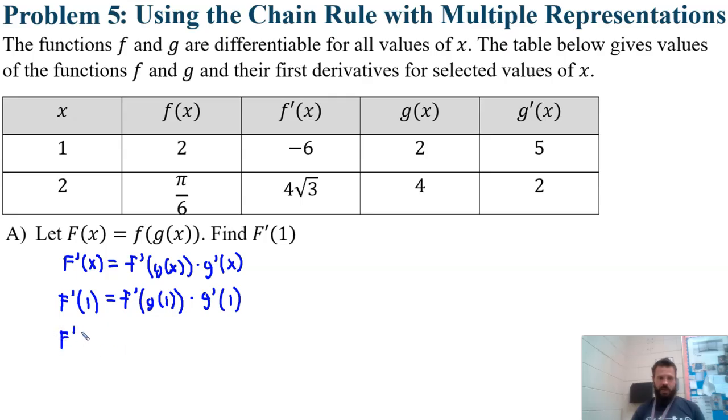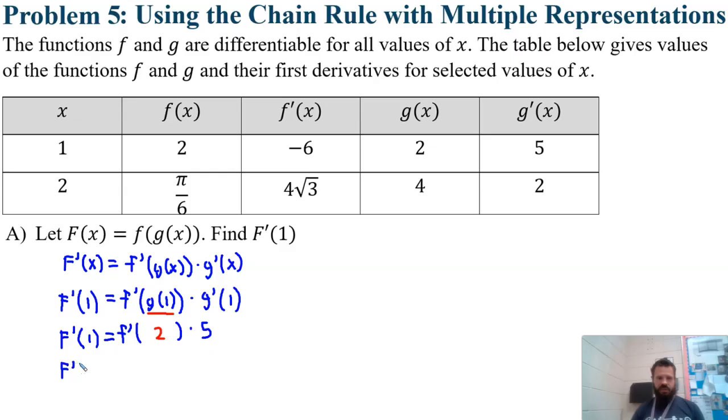Evaluating that is going to take 2 steps. You could do it all in your head in 1 step, but I'll show the work for notes. First thing I need to do is figure out what g of 1 is before I plug it into the f prime. So we've got f prime of g of 1, my table says that's equal to 2. Times g prime of 1, we know right off the bat that's 5.